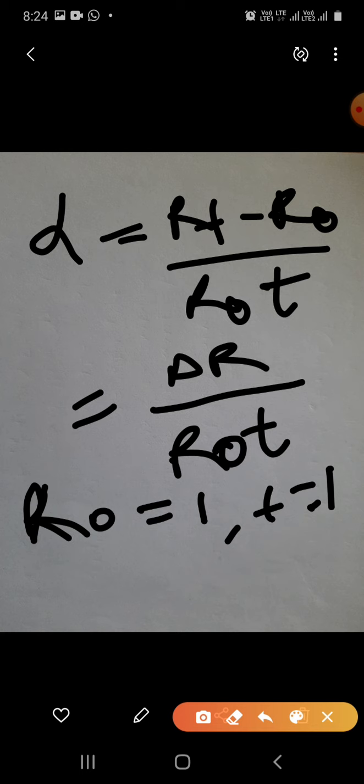So from the equation, RT is R0 whole into 1 plus alpha T. Yes or no? RT is equal to R0 into 1 plus alpha T.